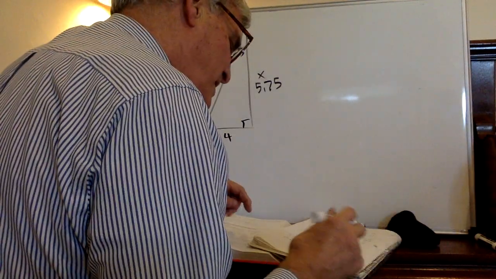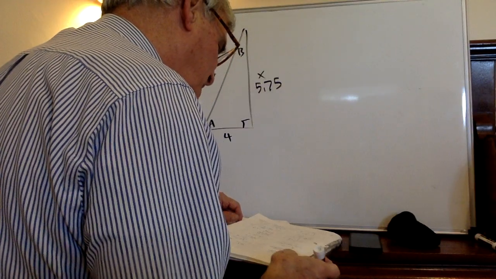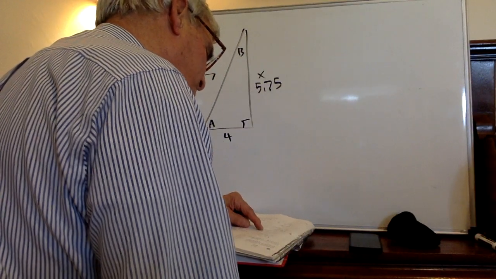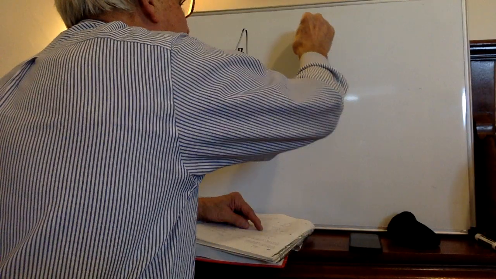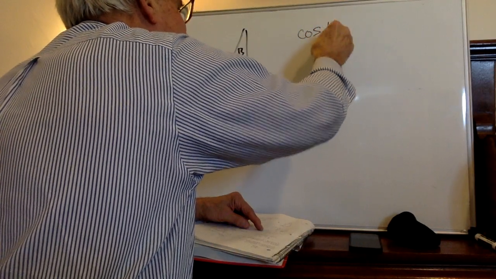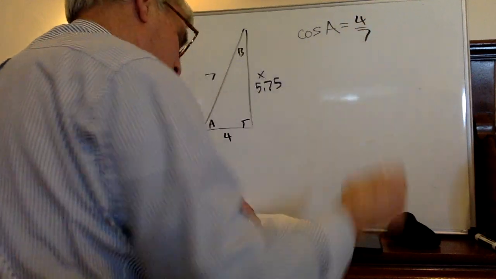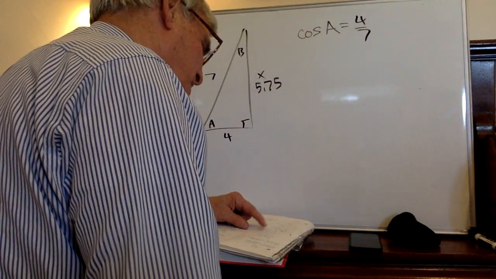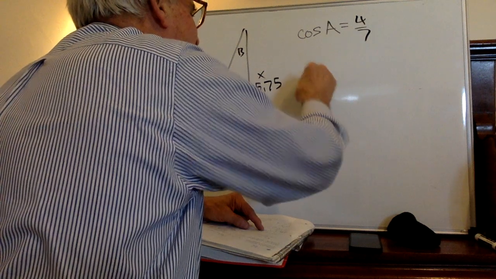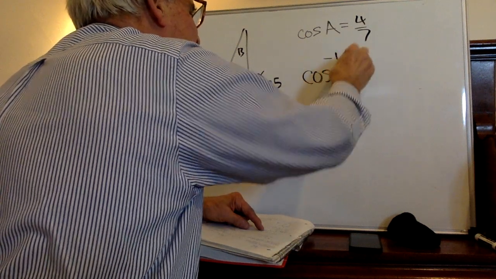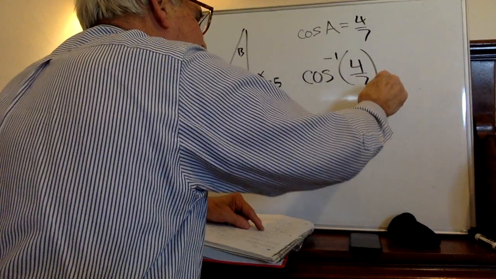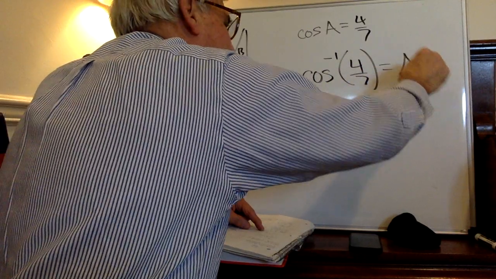So if I did that, I know that the cosine of angle A is 4 over 7. Which means if I go the inverse cosine of 4 over 7 will equal angle A.